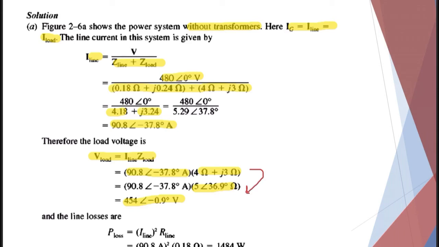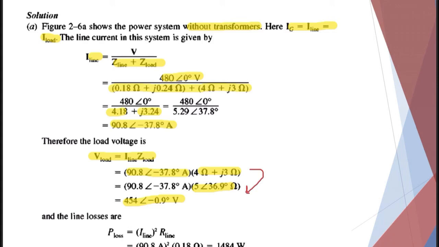In multiplication, you have to add the two angles. In division, we have to subtract the angles. Keep these two things in your mind.